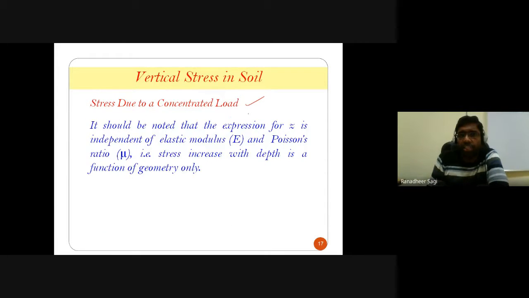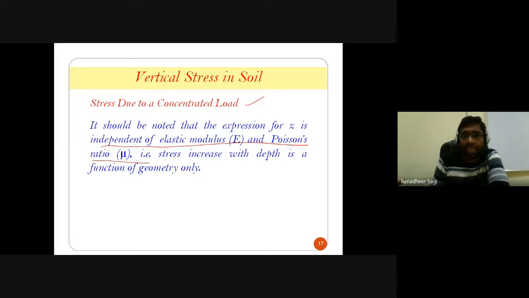So it should be noted that the expression for sigma Z, which we have seen, which is given by Boussinesq, is independent of the elastic modulus value of that particular material, that's nothing but soil, as well as the Poisson's ratio value of that particular soil.